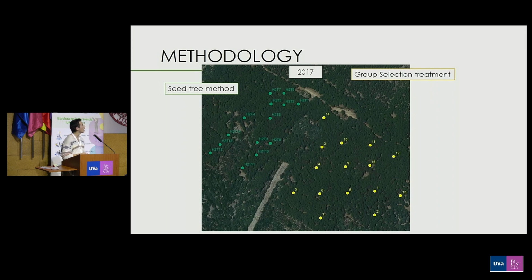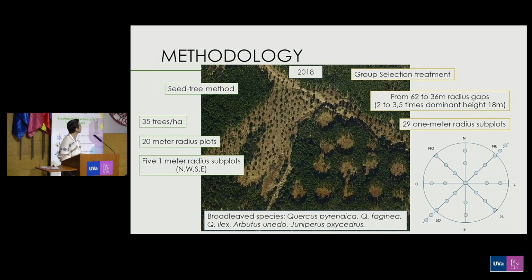Here we have our forest. In 2017, it was a forest of 320 trees per hectare, and we divided it into two treatments. The first one was the seed tree method, and the other one was the group selection treatment. So after 2017, this was the end after the treatment.